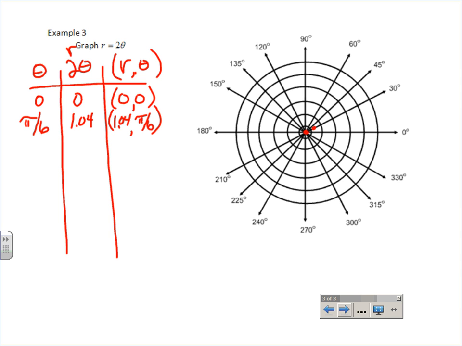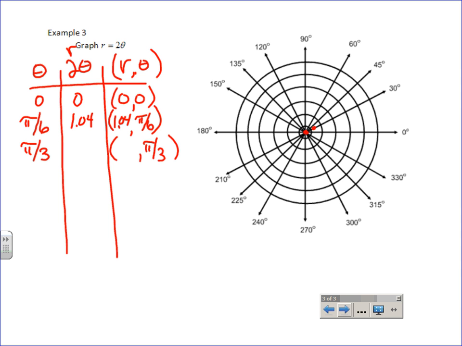Now, what is the next radian then? If we're going to follow the pattern we did before, same increments. You could do pi over 4 if you wanted to, but if we do same increments, it'd be pi over 3. Take that times 2 and you get 2 pi over 3. And that's something you have to figure out on your calculator. And you're expecting it to be bigger or smaller?